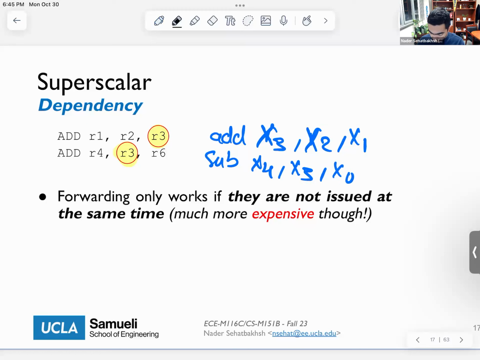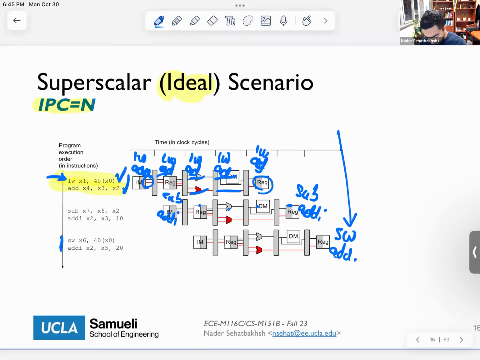As you can see here, like before, we have a RAW data hazard. We are writing in the previous instruction, and now we are reading from here. In the past, we showed that this can be fixed with forwarding and all those tricks. But considering a scenario where we want to issue both of these instructions at the same time, our forwarding would be very complex, because we essentially need to forward from this line to this line, or from here to here.